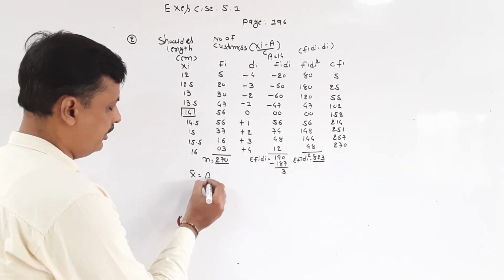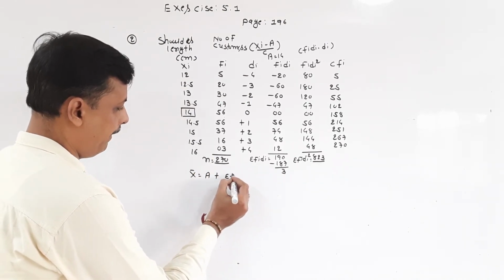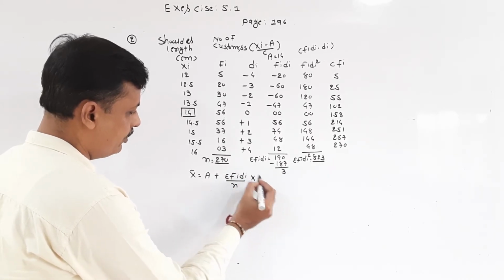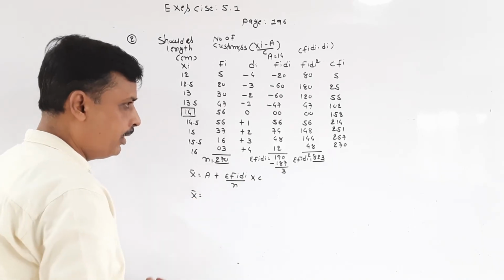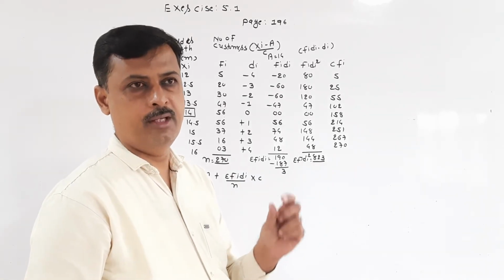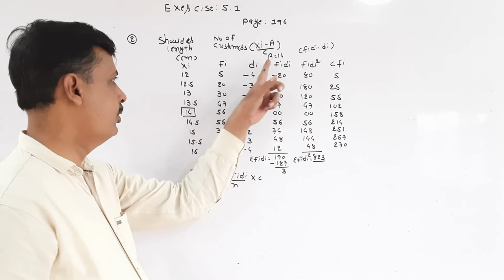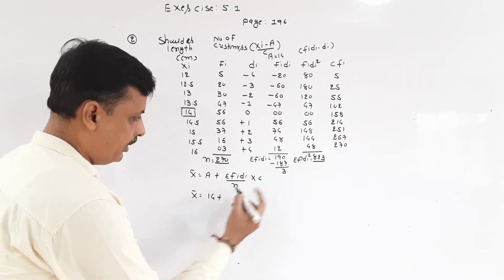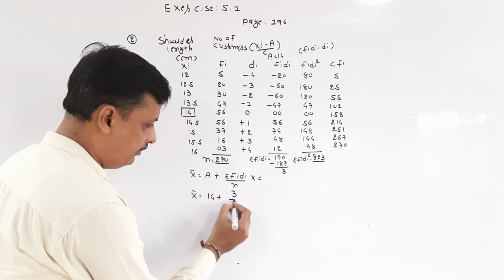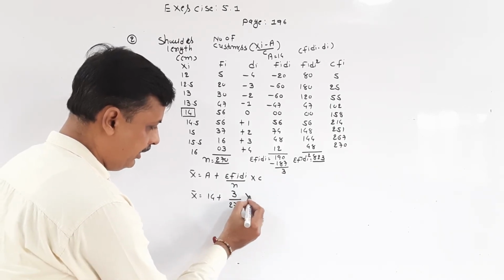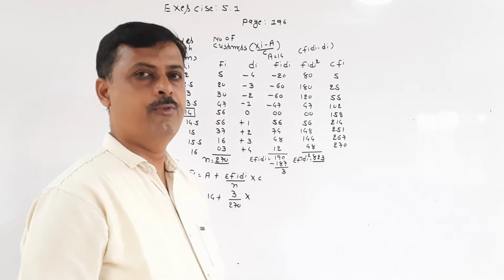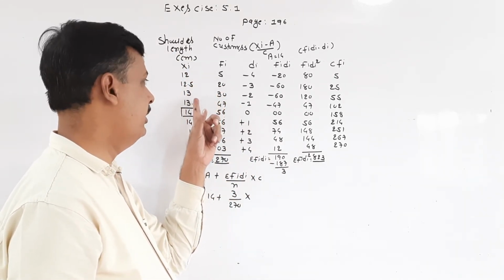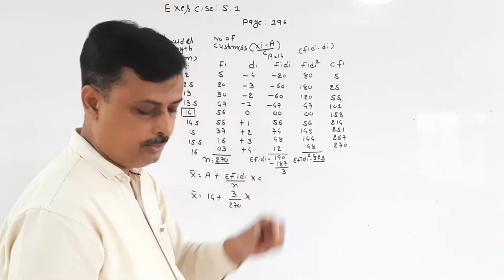X bar is equal to A plus sigma FiDi upon n into c. A means assumed mean, here we assumed A as 14. Sigma FiDi is 3, n is 270, and C, the class length, is 0.5, since the classes go 12, 12.5, 13, 13.5.